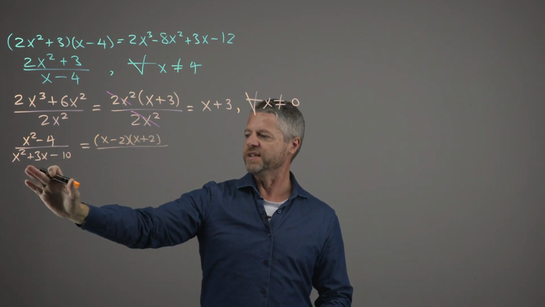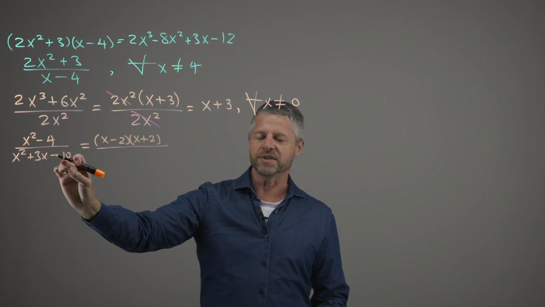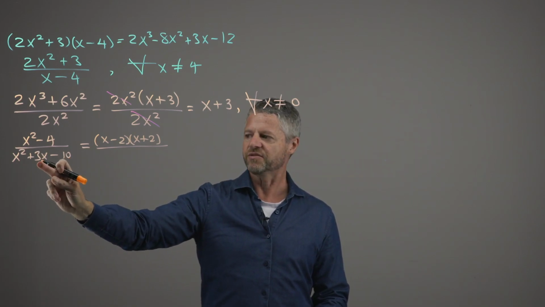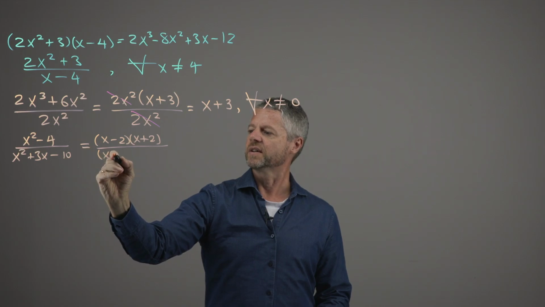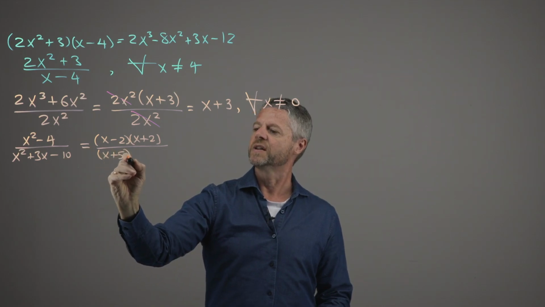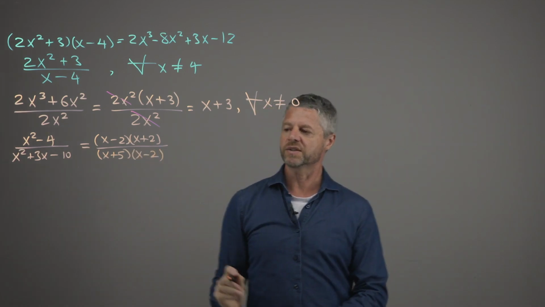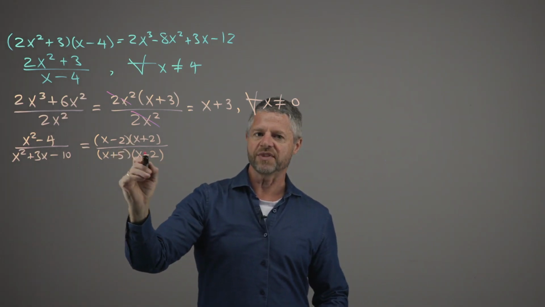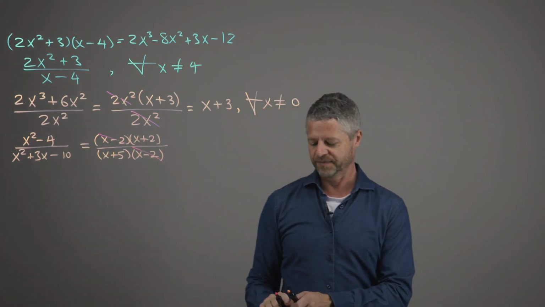And then the denominator, if we can find two numbers that multiply to give me minus 10 and add to give me plus 3, I can factor this, and x plus 5, x minus 2 works. And then I can see I've got a common factor in the numerator and the denominator, so I can cancel those.